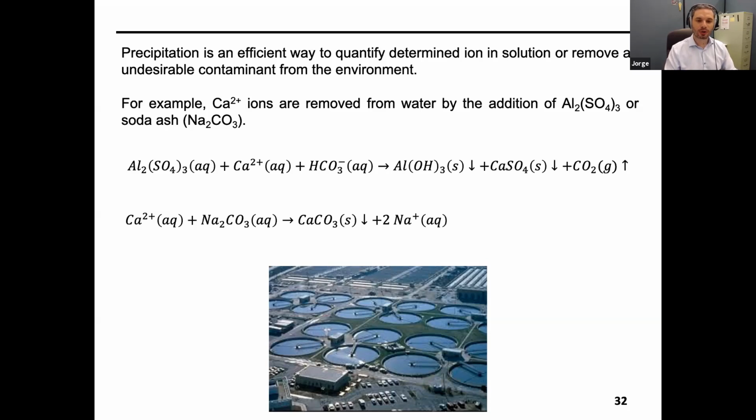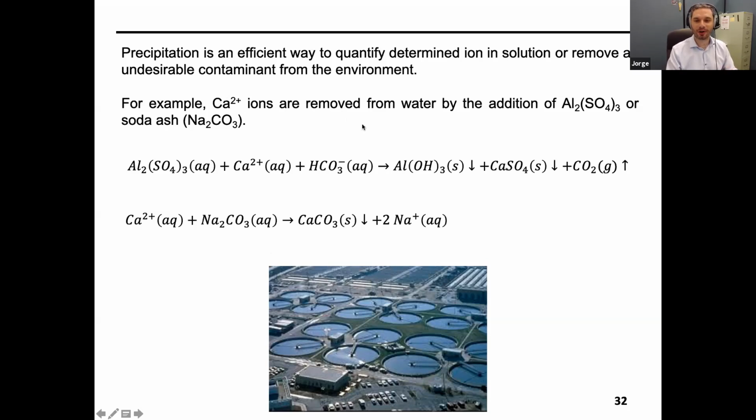Also, calcium will accumulate in the pipes and eventually clog them. Excess calcium in water gives origin to something called hard water. Therefore, calcium needs to be removed, and that's what we do in water treatment plants: removal of excessive calcium ions.